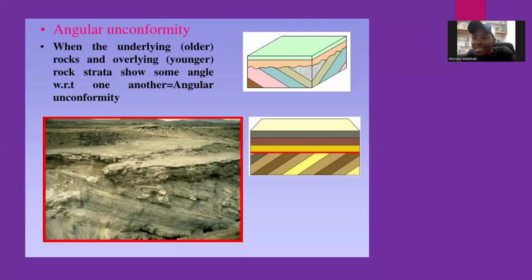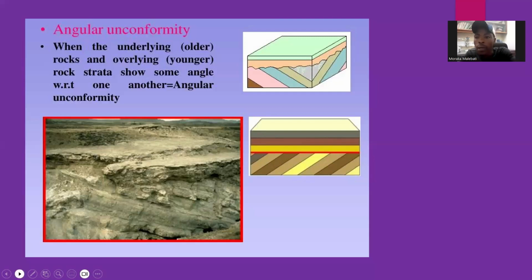Until later on, they were affected by tectonic deformation, they get folded or uplifted, and then they undergo erosion. After being eroded, new younger sediments are deposited on top of the eroded and tilted surface. That's what an angular unconformity is all about.